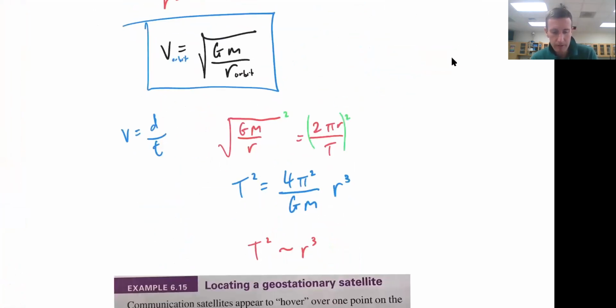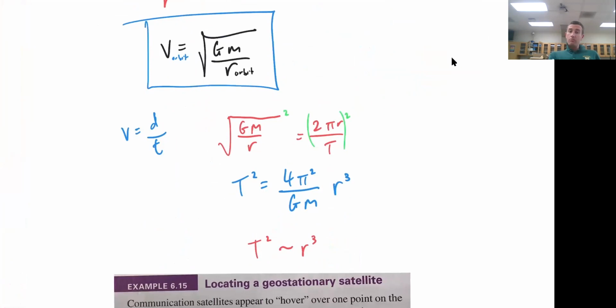All right. So I also know that velocity is distance over time. So I could set the velocity equal to the centripetal velocity.